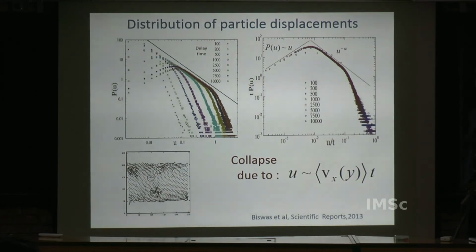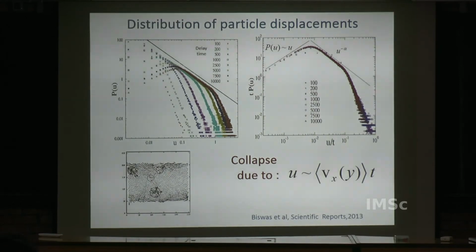Subtract the mean flow, then what are the fluctuations, you mean? Yeah, fluctuation we did not look at. We have looked at fluctuation in a different context, but not for this system.